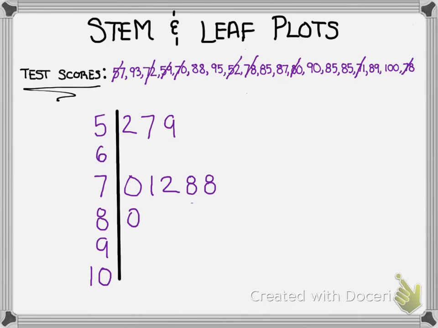Now let's see how many 85s I have, because there were quite a few of those. I have 1, 2, 3 85s, which means that I write my stem 8 just once, and then my leaves I have to write 3 separate times.